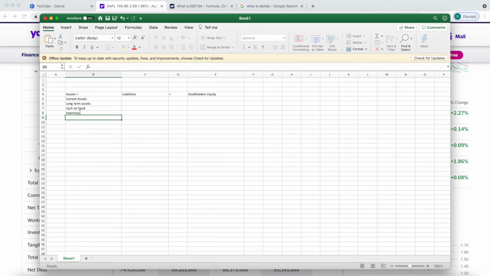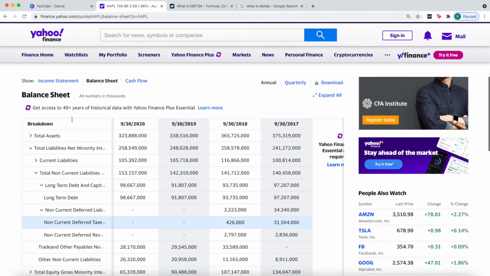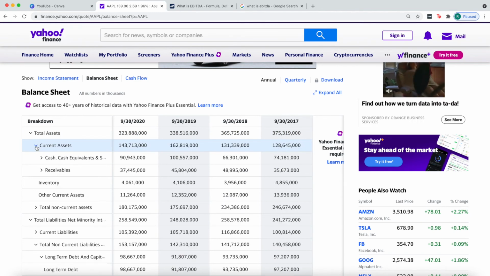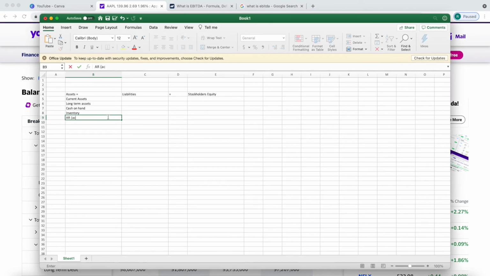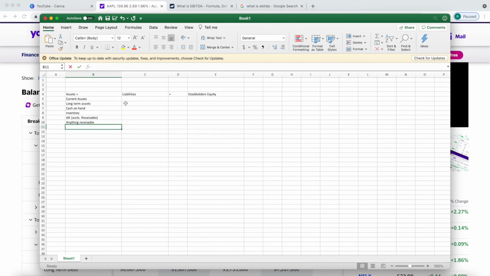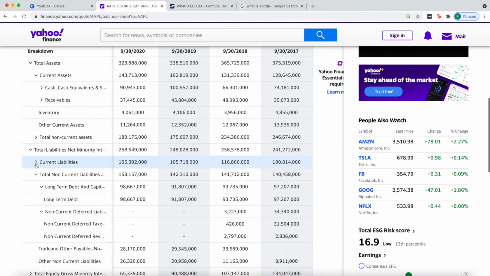Let's go back and get a nice categorization of all of this. Inventory, definitely your cash and receivables. Anything like accounts receivable will definitely be an asset, so I'm just going to abbreviate AR as accounts receivable, anything receivable. Your liabilities are going to be related to your current debt, long-term debt. Liabilities: we've got your non-current liabilities, your current liabilities. That's essentially everything related to that.